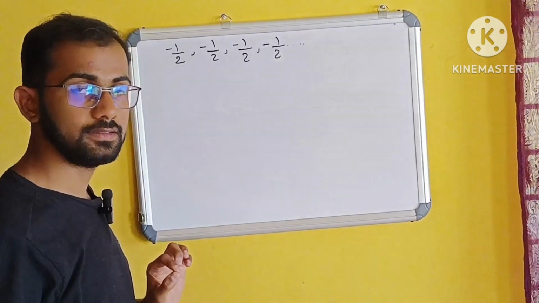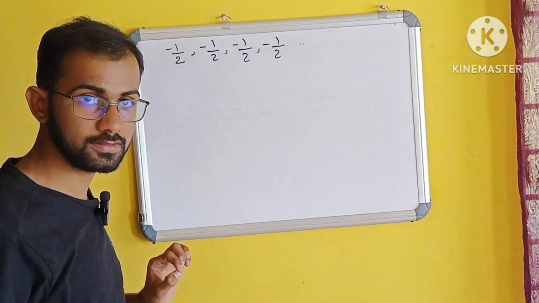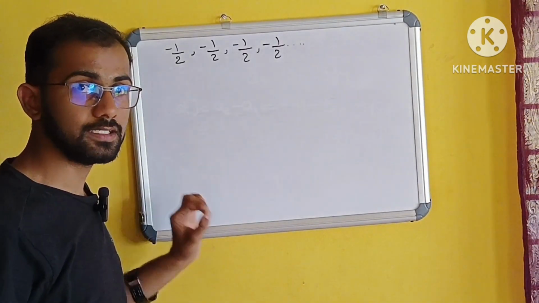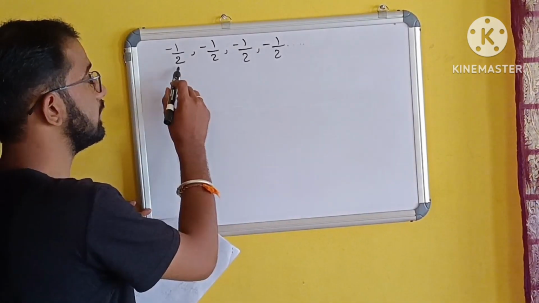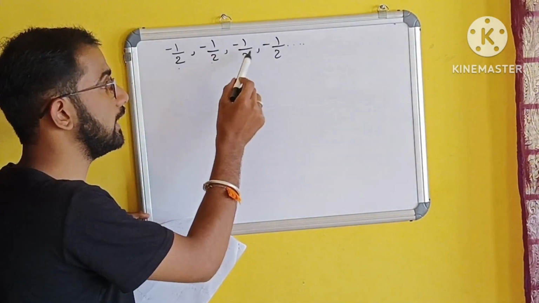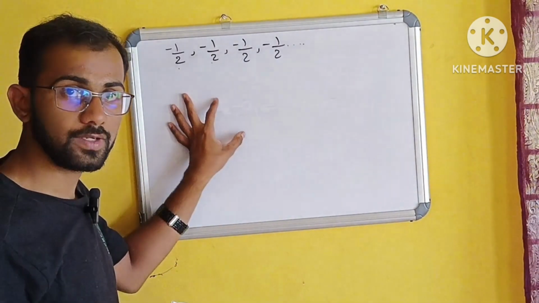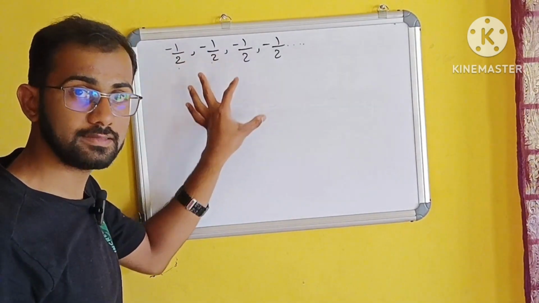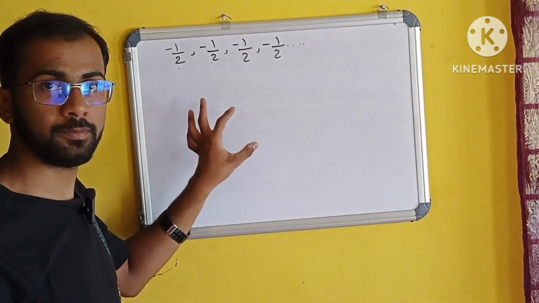In a sequence or a list of numbers, if all the terms are the same like this, then that sequence must be in arithmetic progression.